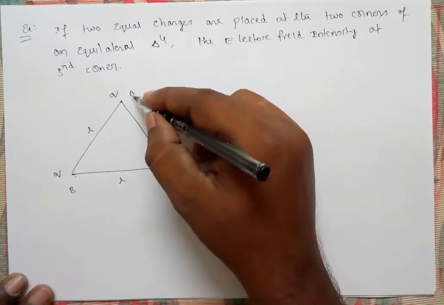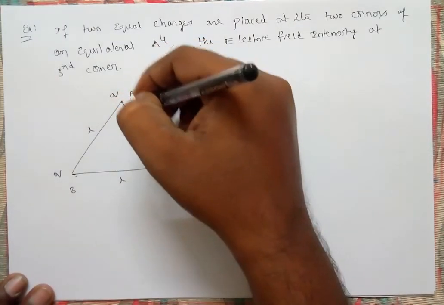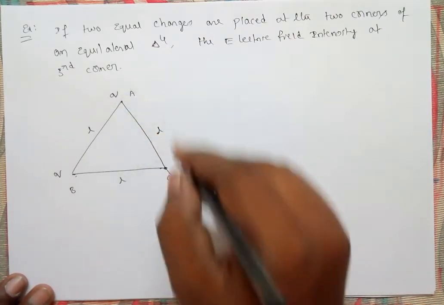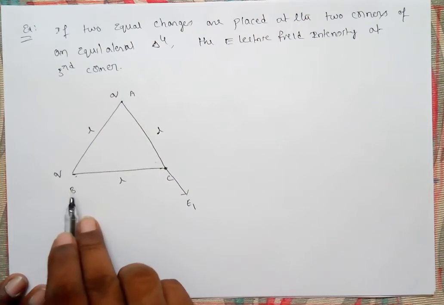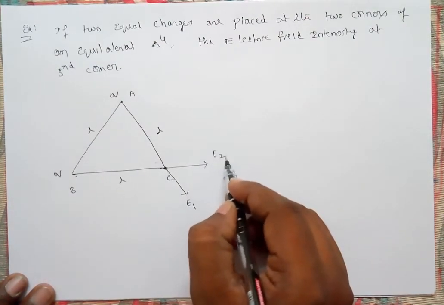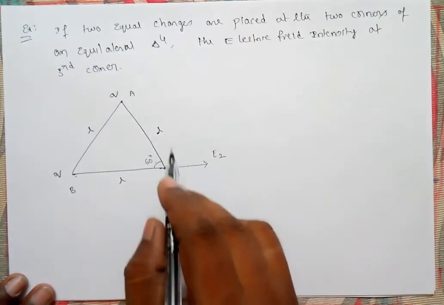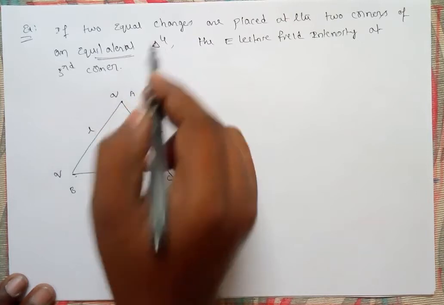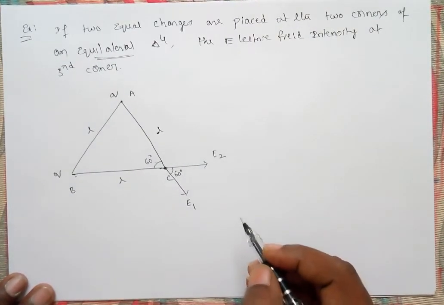Due to the charge at A, the electric field intensity is away from it because of the positive charge; that is E1. And because of this charge, the electric field intensity is away from it; that is E2. It is an equilateral triangle, so the angle is 60 degrees, and the vertically opposite angle is also 60 degrees.